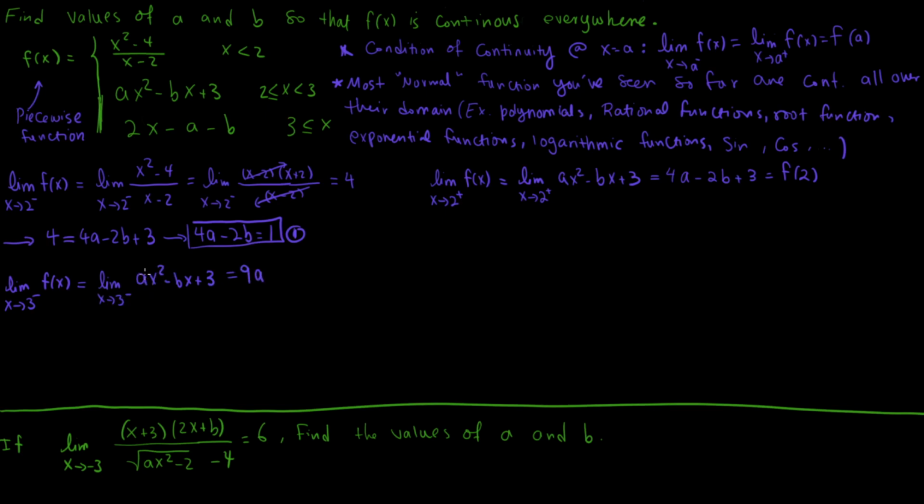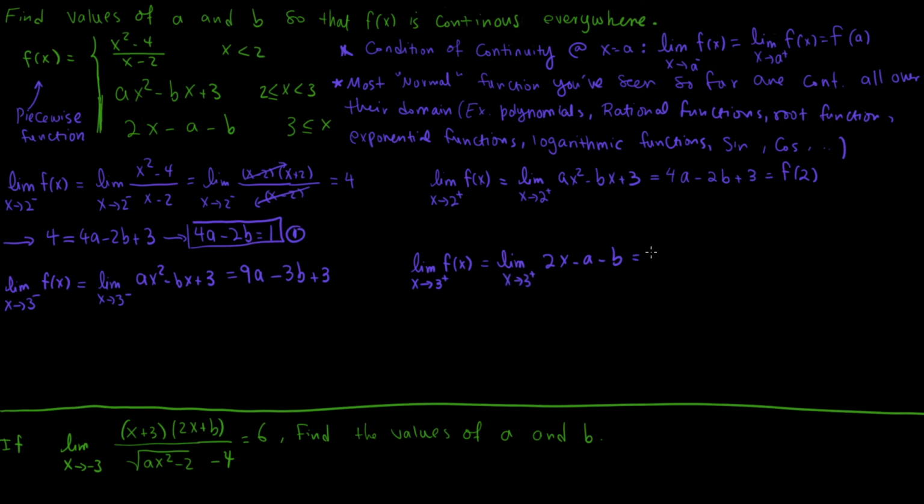So 3 squared is 9, 9a minus 3b plus 3. And then now I have to do the same thing for 3 plus. So I'll do the limit of f of x as x approaches 3 plus. Now for that one, I have to use the bottom expression because these are values of x that are larger than 3. So it would be the limit of 2x minus a minus b as x approaches 3 plus.